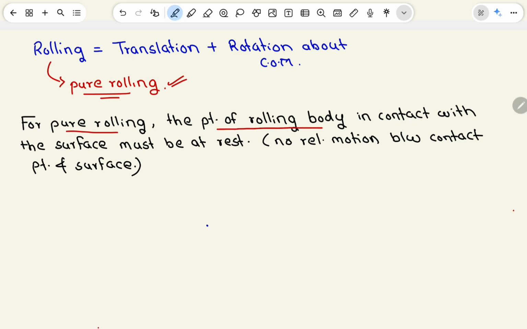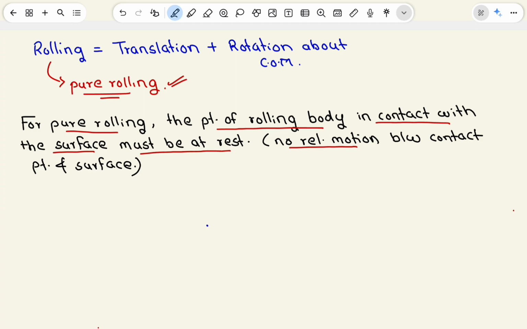The point of the rolling body which comes in contact with the surface must be at rest, which means that there should be no relative motion between the point which is making contact with the surface and the surface itself. Now, this gives rise to a condition which is called the condition of pure rolling.